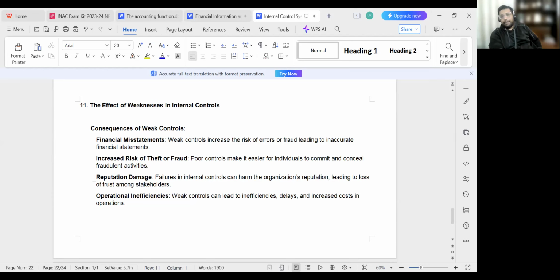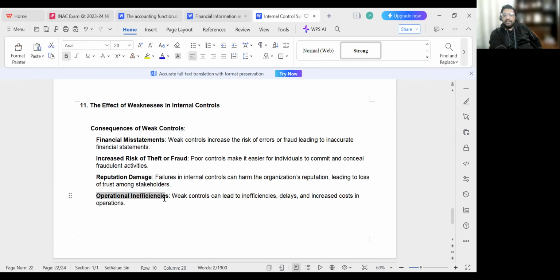Then reputation damage. So a weak internal control system can cause inefficiencies, sub-quality products, delays, increasing costs. So that's going to damage your reputation as an organization.